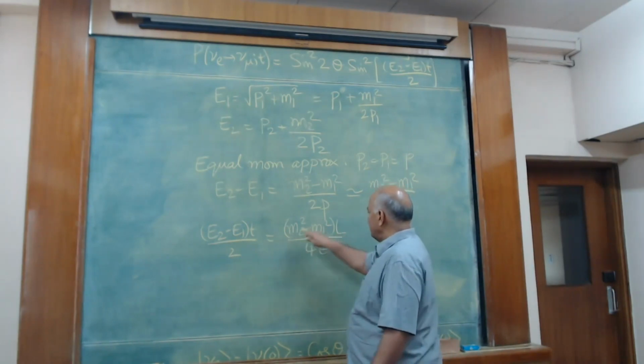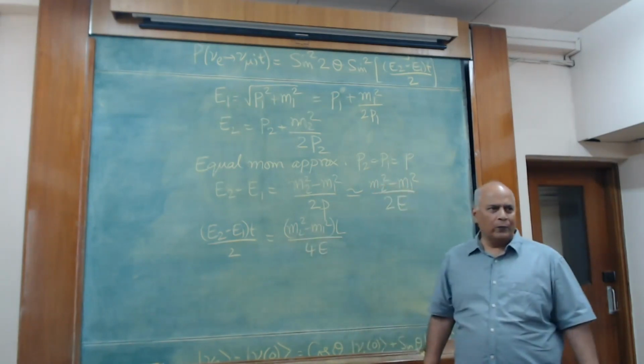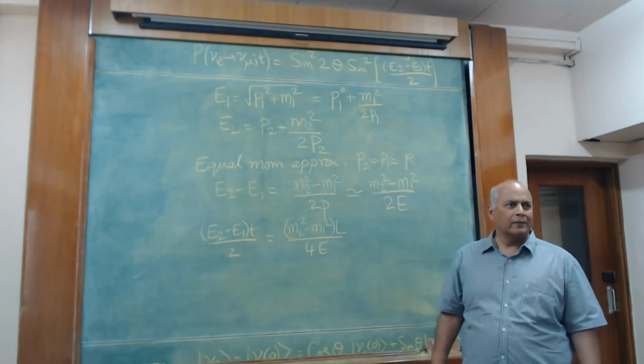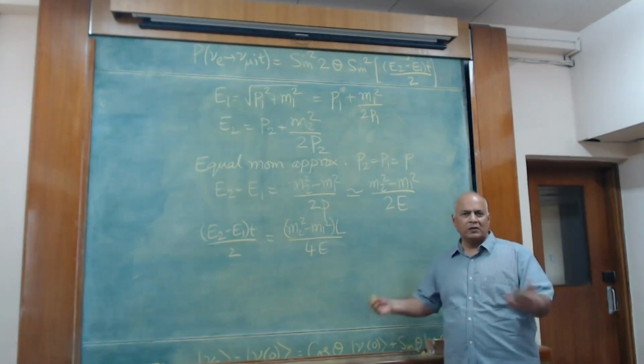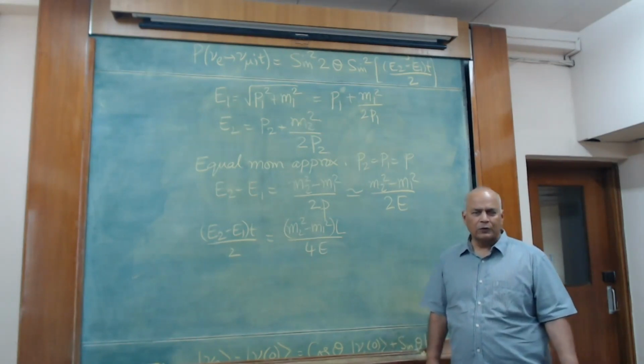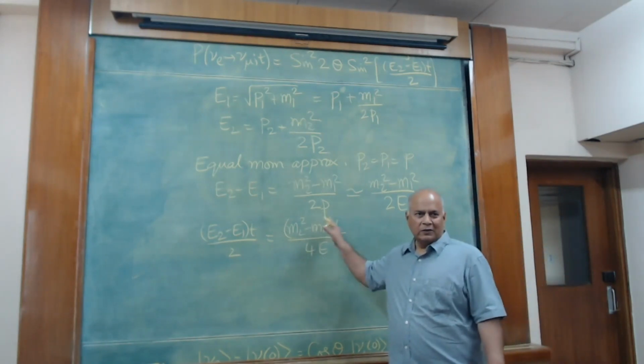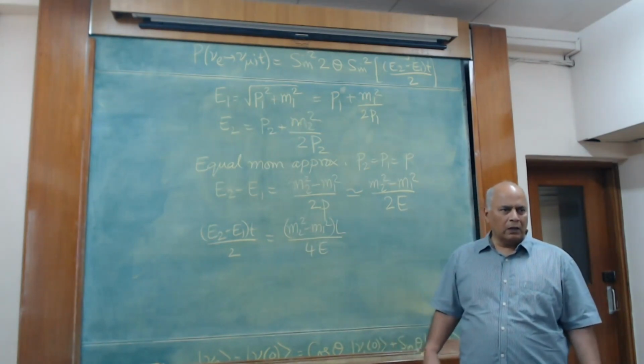By the way, this m2 square minus m1 square we call delta m square. That has dimensions, masses we consider in energy units. So that has dimension eV square.